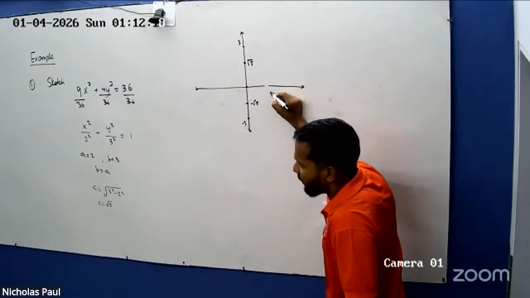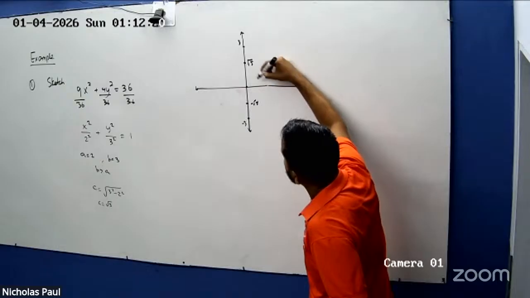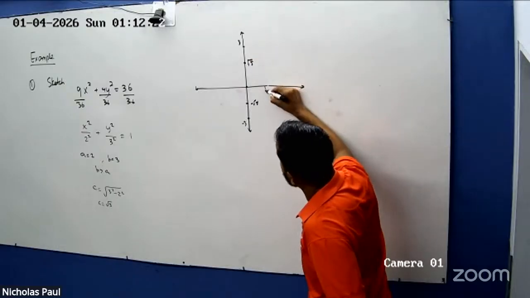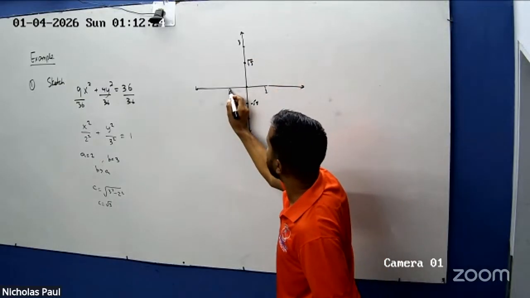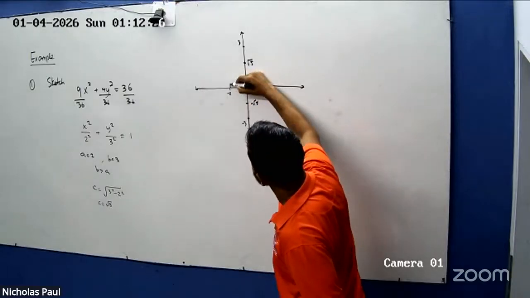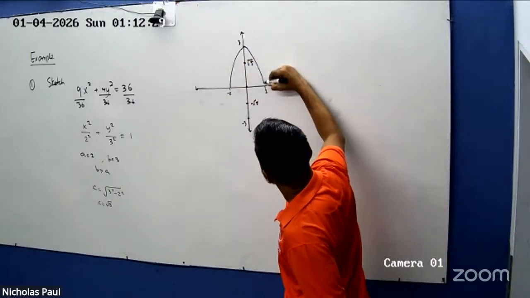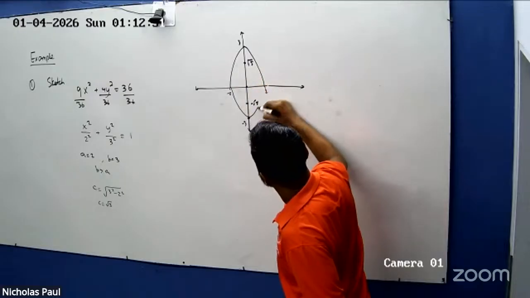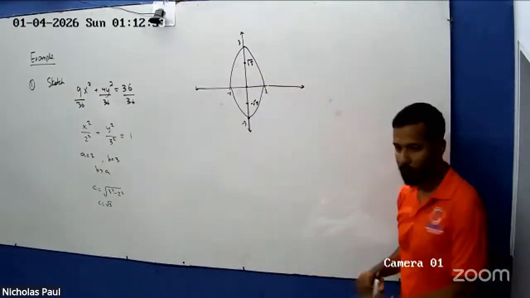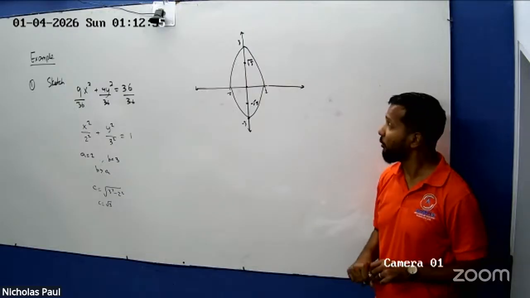And the minor axis is 2. So here's about 2, and here's about minus 2. Connect it up. Right? It'll look like that.